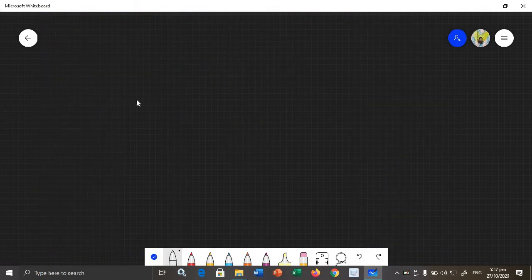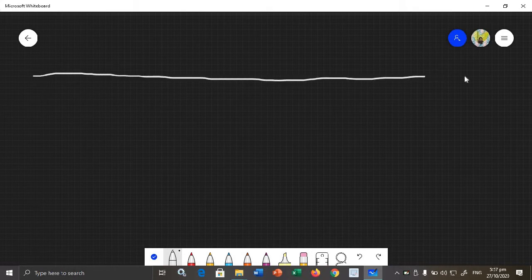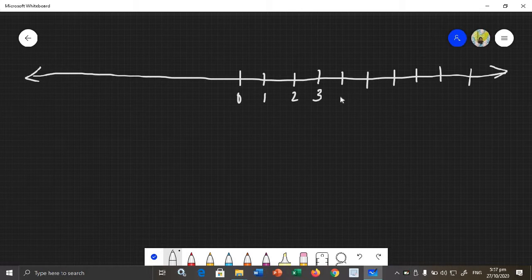Let's say, for example, I am going to find the interval notation in this number line. This is a number line. It is composed of positive numbers on the right side, and on the left side there are negative numbers.